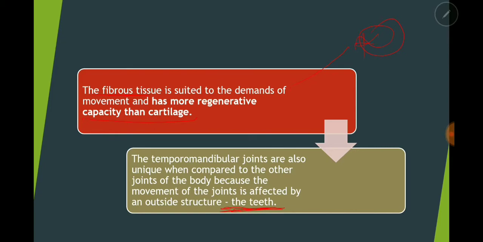If the articular eminence slope is very shallow, then you're going to have flat cusps of teeth. So occlusion does affect the TMJ. That's why malocclusion can cause internal TMJ derangement.